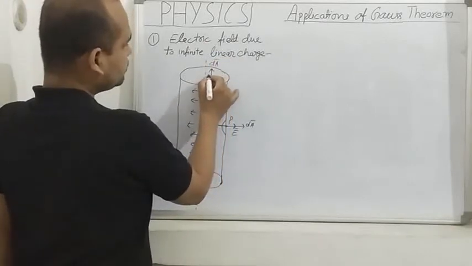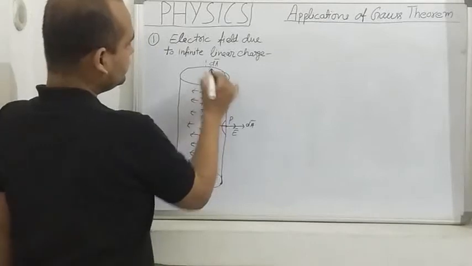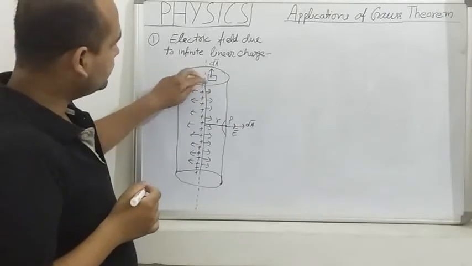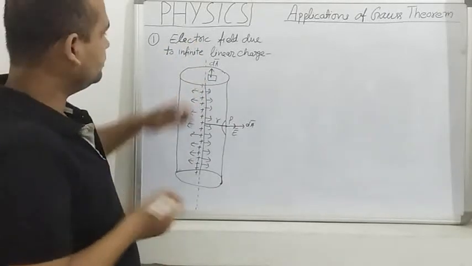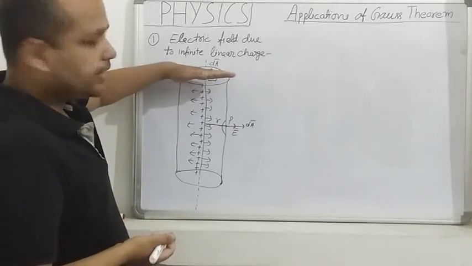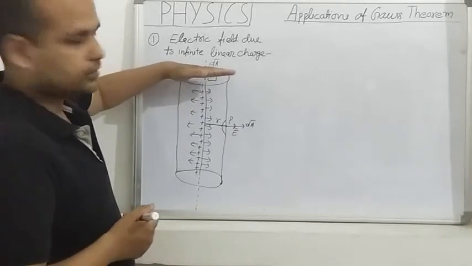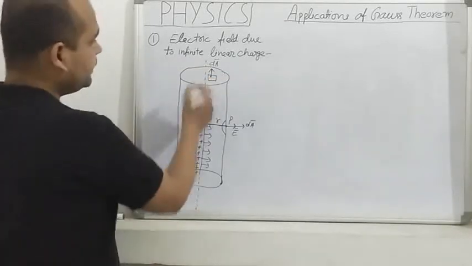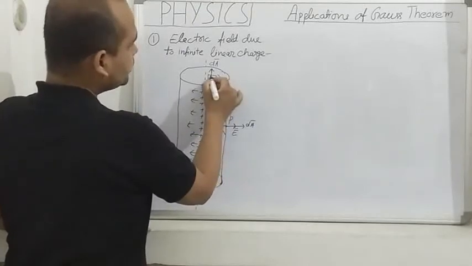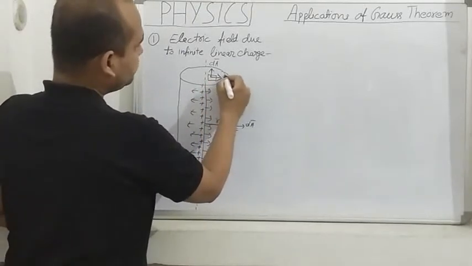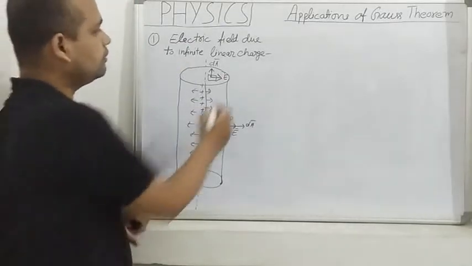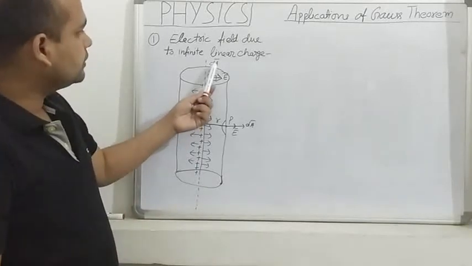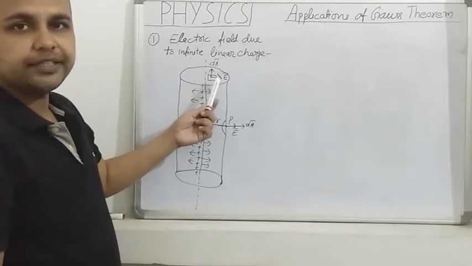If we choose a small element here, the area vector of that small element will be normally outward, because the plane face of the cylinder will be like this. But the electric field direction will still be horizontal only. So here you can see that the angle between the area vector and the electric field is 90 degrees.